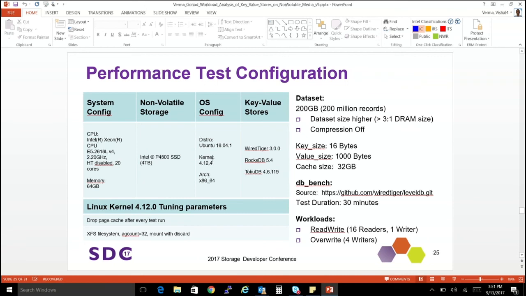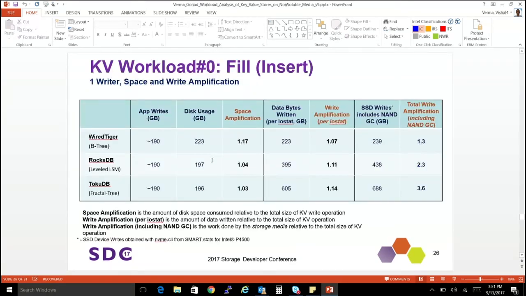In the middle, kind of what you see, the data bytes written and the write amplification seems to be three times higher. So this write amplification is okay.